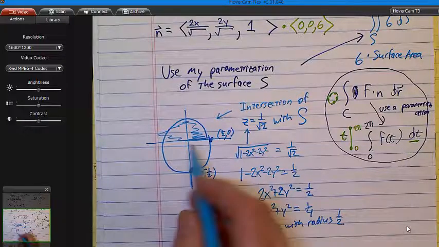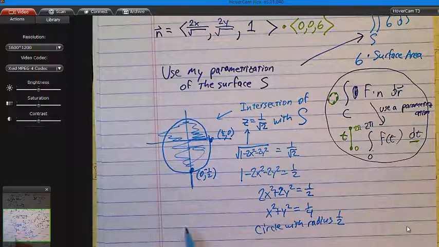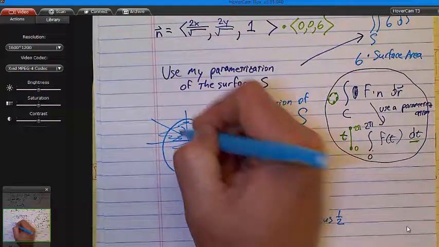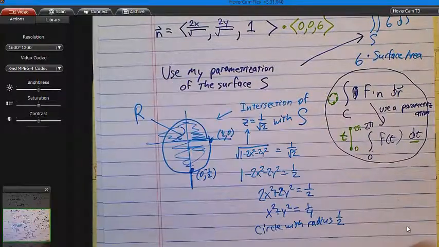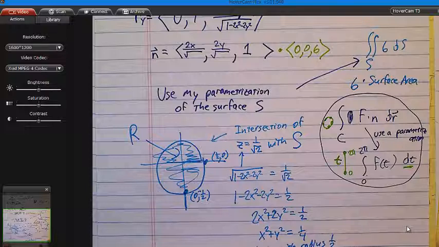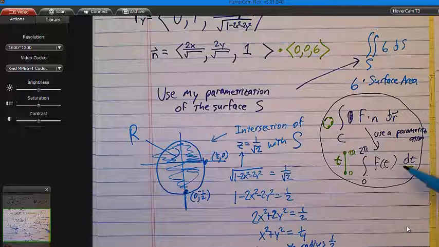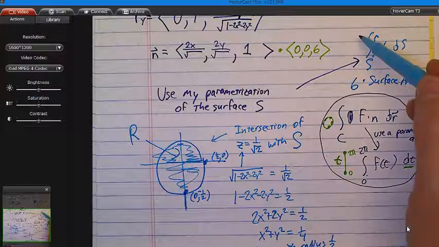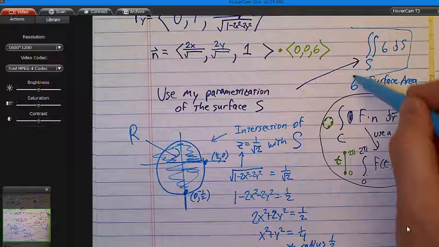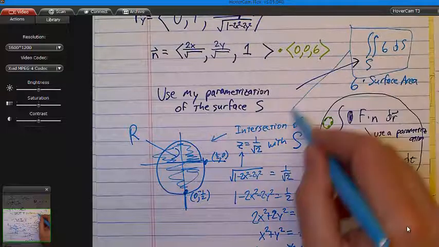So they live in here. And so this region I'm going to call R. And so back to my analogy. When you do line integrals, you write a parameterization. When you do a surface integral, we're going to use a parameterization.